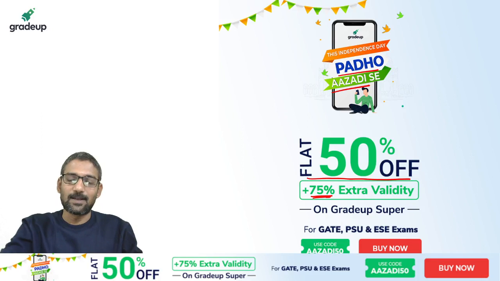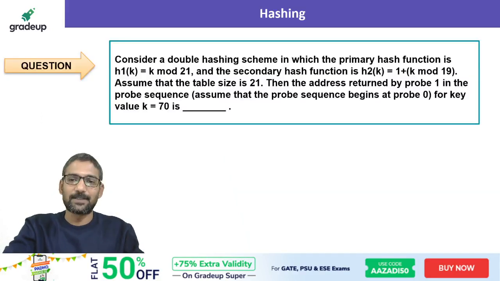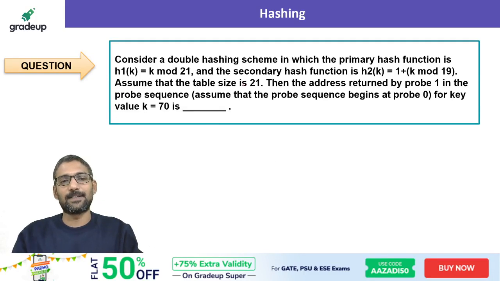Okay, now let us start with the practice of hashing topic with the first question on your screen. Consider a double hashing scheme in which the primary hash function is h1 of k equals k mod 21 and the secondary hash function is h2 of k equals 1 plus k mod 19.